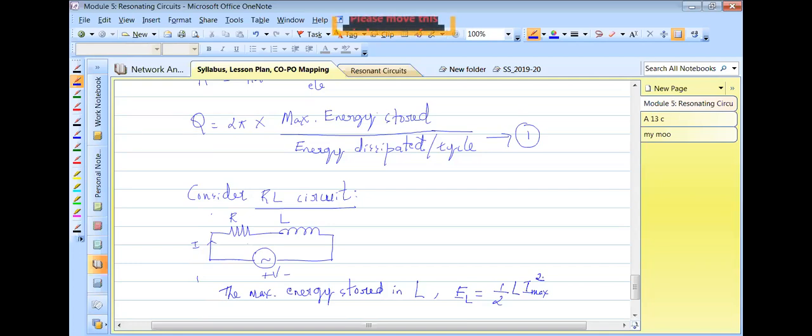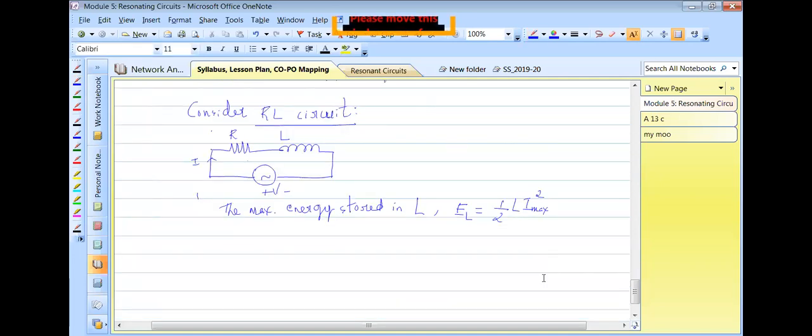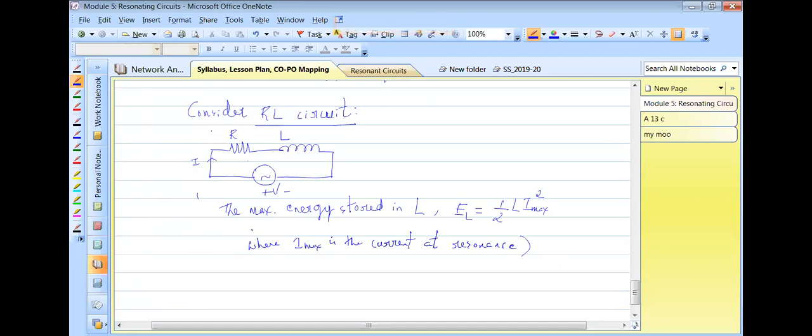When the circuit is at resonance. So you can write where I max is the current at resonance. Why do we consider the current at resonance?